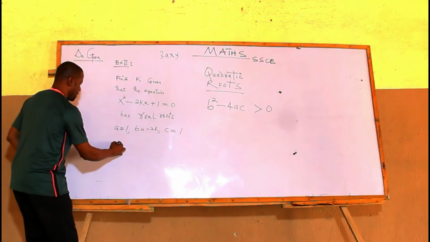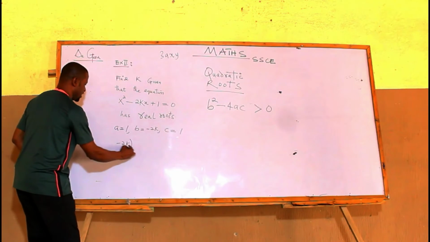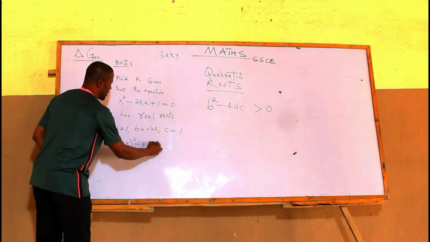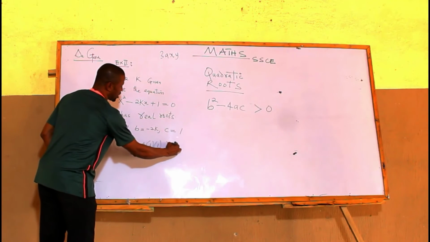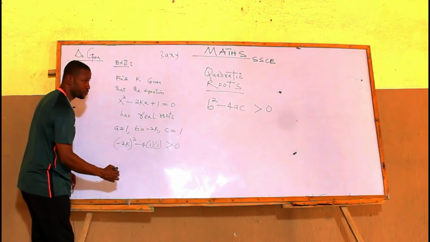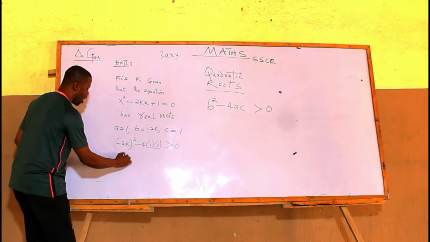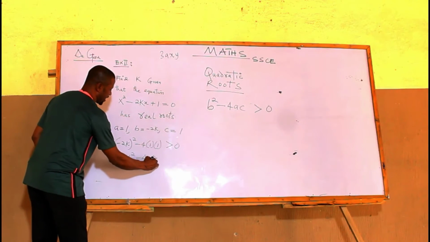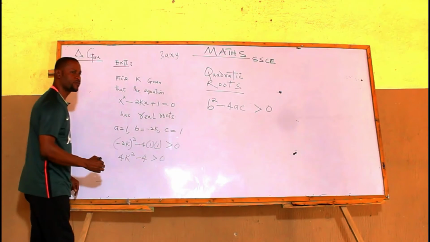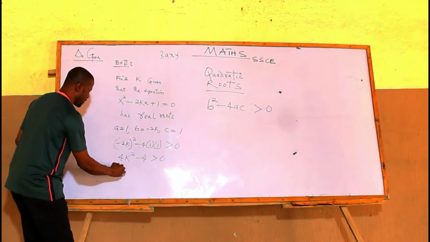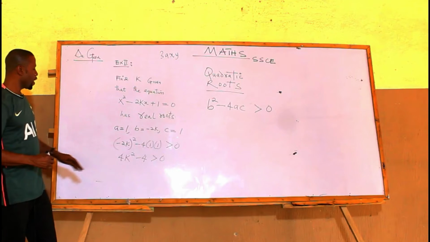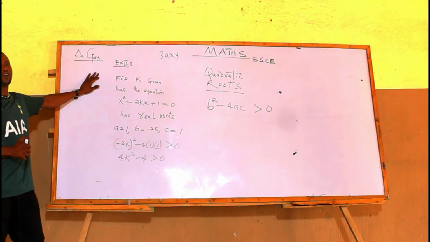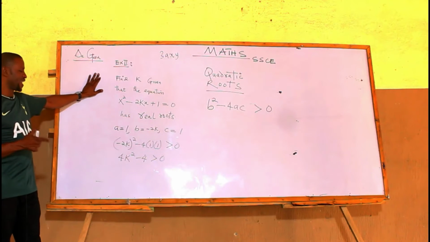So I will write minus 2k, you square it, minus 4 times 1 times 1. That must be greater than 0. So 4k squared minus 4 must be greater than 0.